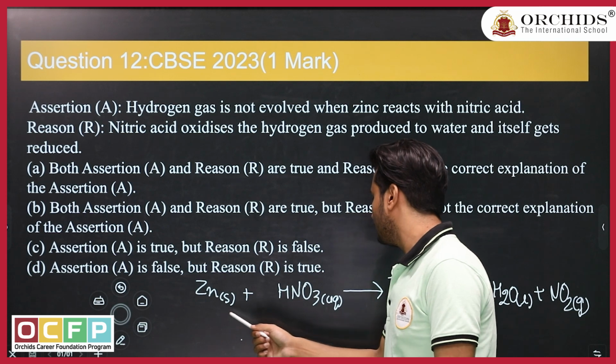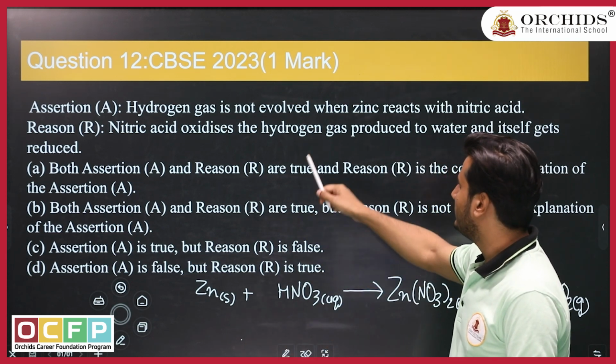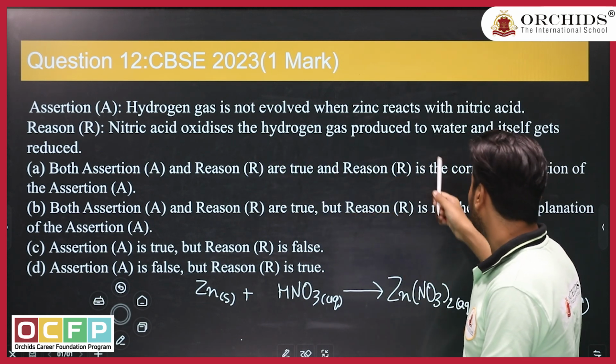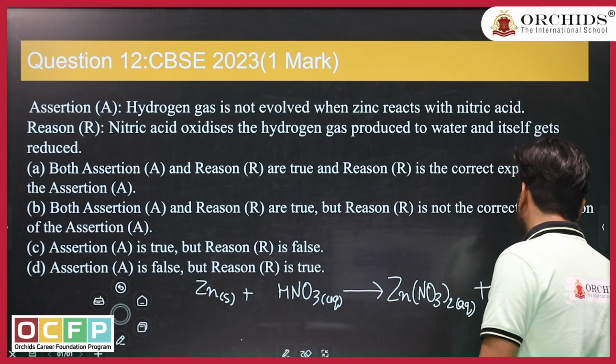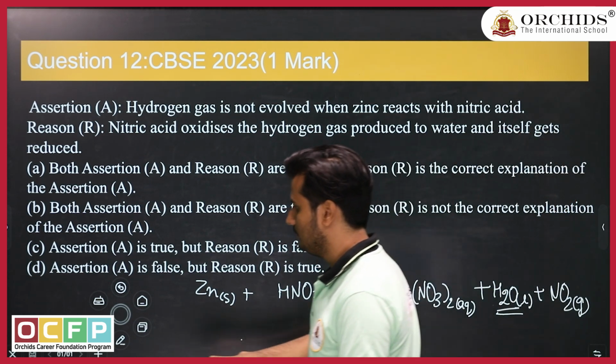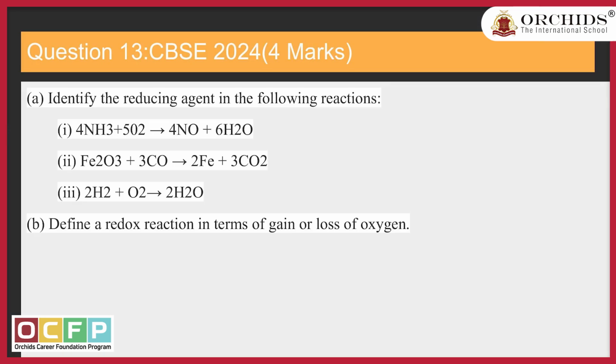So as you can see by the reaction, HNO3, that is nitric acid, oxidizes the hydrogen gas produced to water. That's why hydrogen gas is not released in this reaction. Let's move on to our next question.